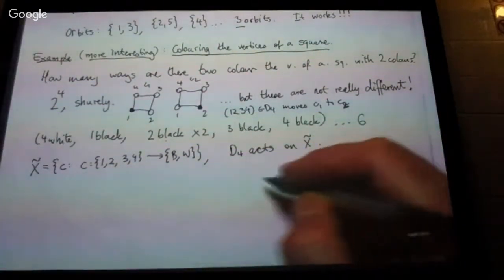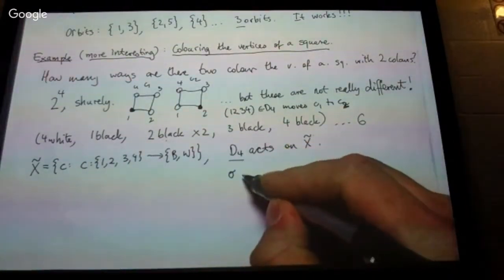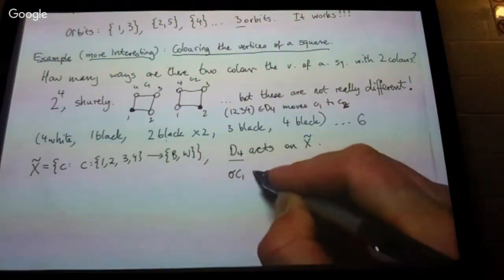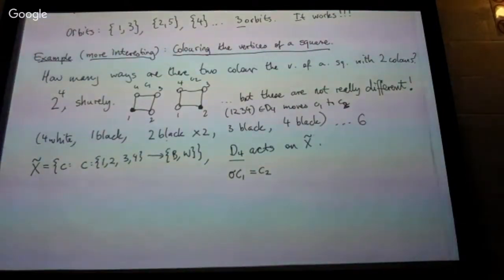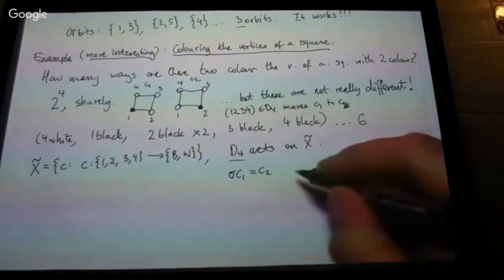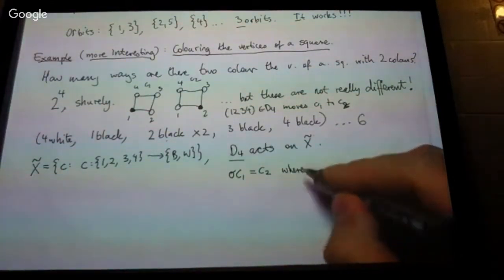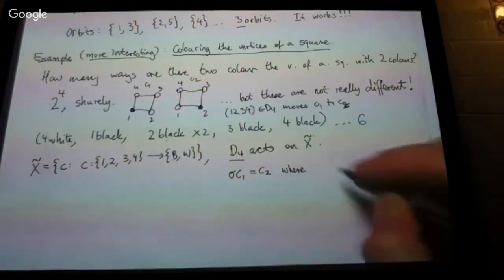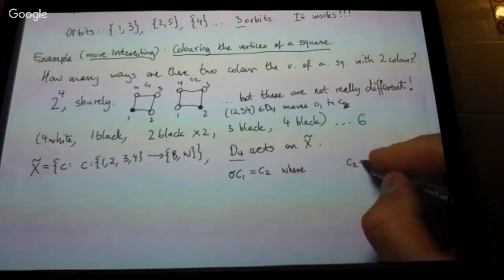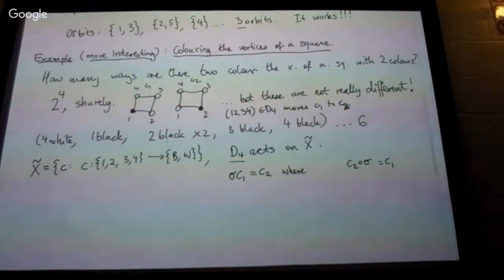So if I have an element of this group, that's a permutation, and I want to know where, sigma C1 is C2 in the action. So I think I need C2 composed with sigma should be C1 or something like that. Is that right, or am I writing it the wrong way around?